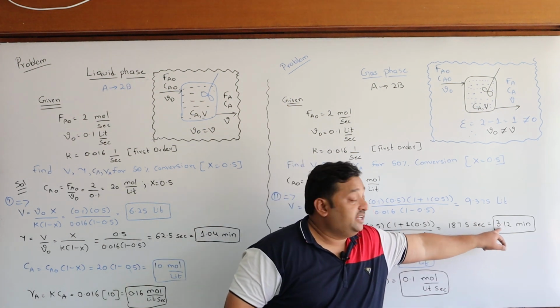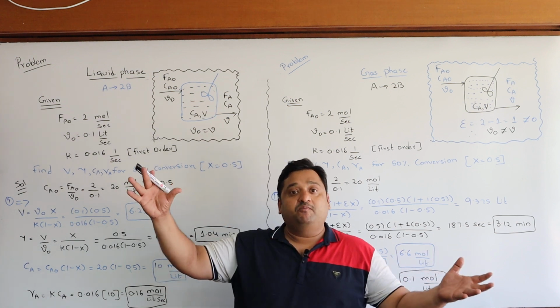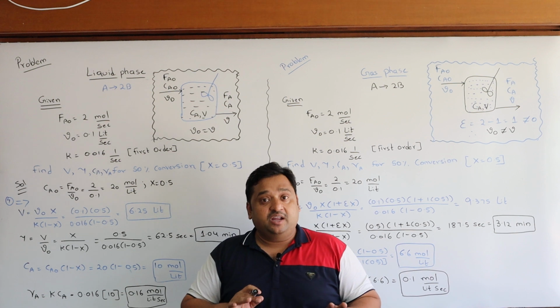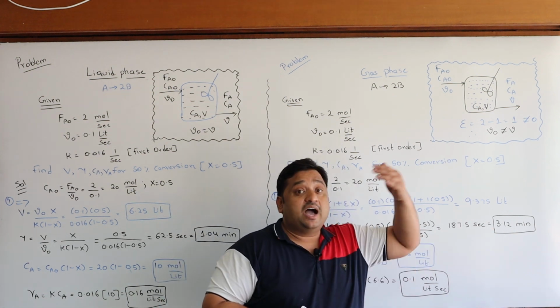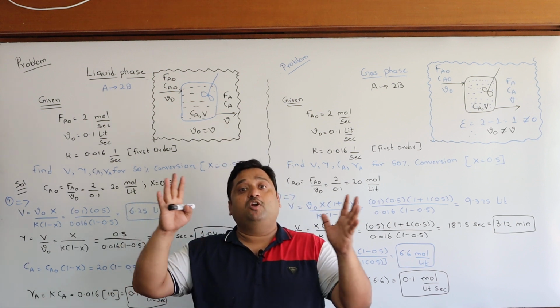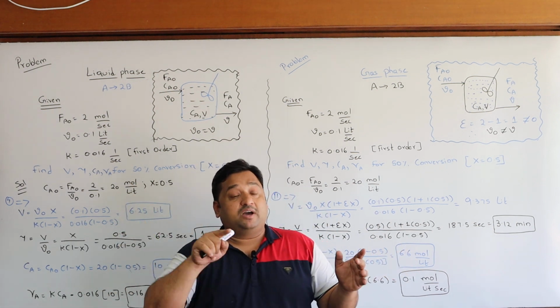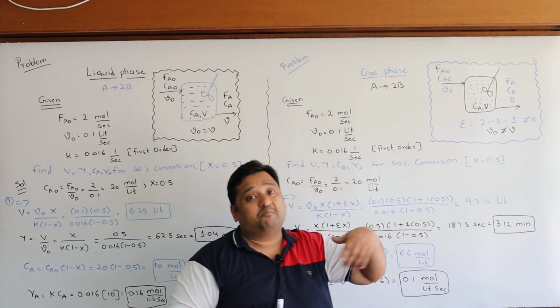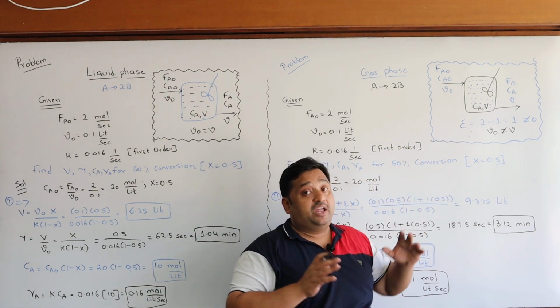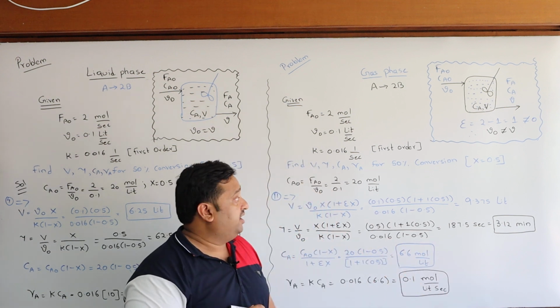Here it is 3 minutes because the volume is higher now. For the same conversion, it takes more time for this entire volume of the reactor to come out, because the volume has become bigger.